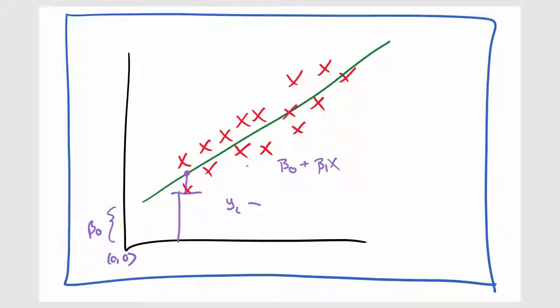The point on the line right there is beta naught plus beta 1 x1. This distance is then subtracting the two, and because that can be either positive or negative, it would be negative in this case. We square it, and then we do that for every point and add them up. So each point contributes equally to the error between the line and the fitted points. Then we try to minimize that error, and that's what the least squares criterion is doing for us.